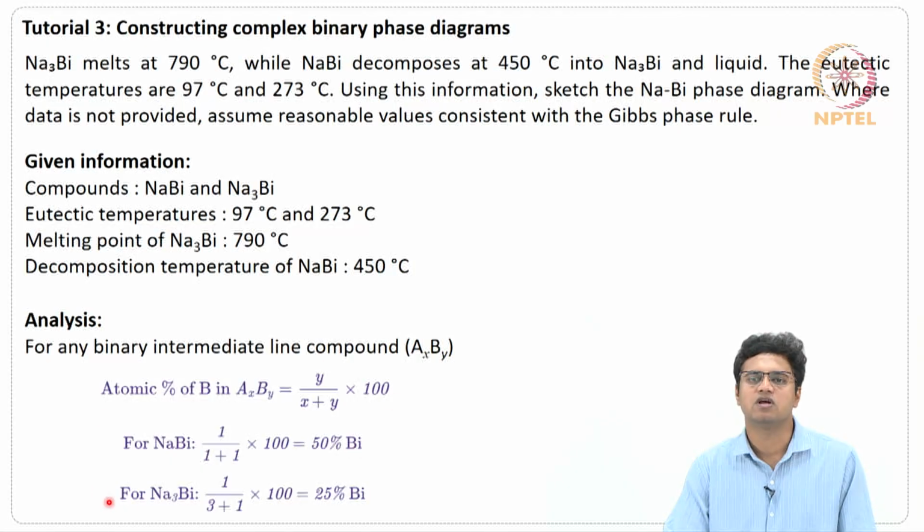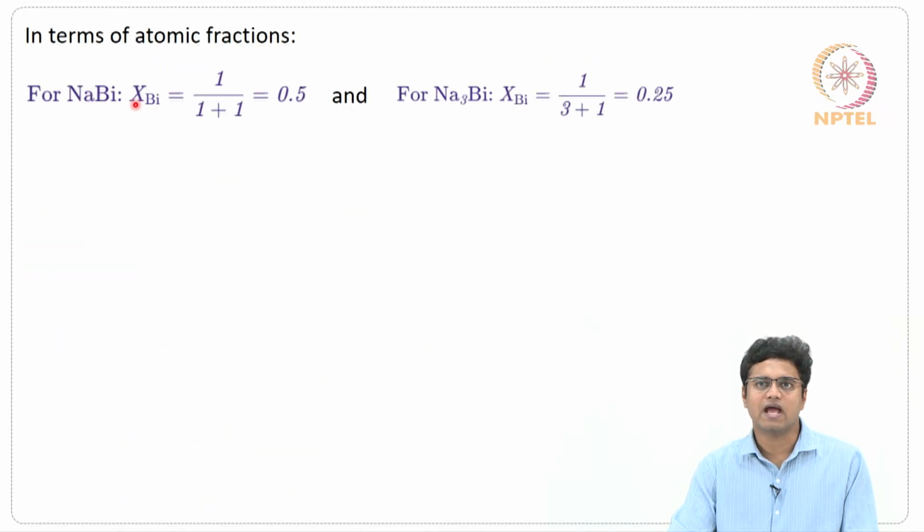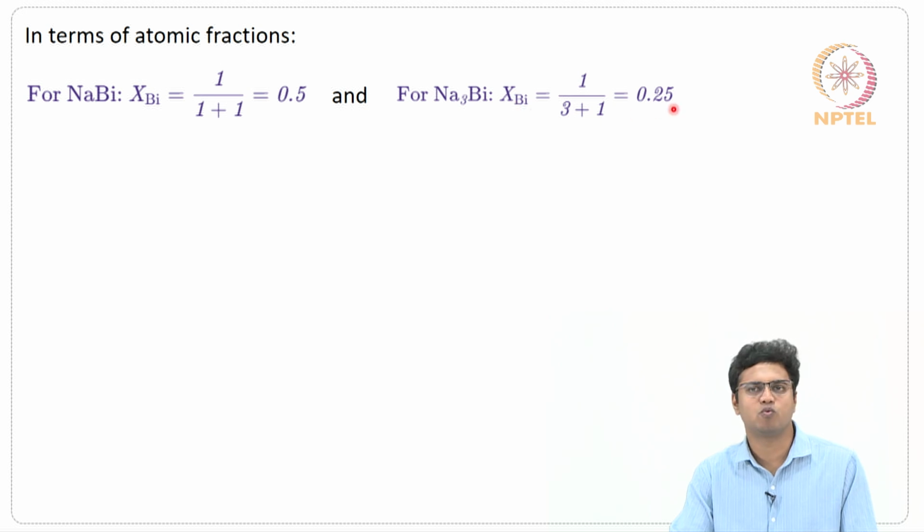The simple equation gives the percentage of the constituents, here Na and Bi. For NaBi, divided by 100 you will get 0.5, and for Na3Bi, the fraction of Bi is 1/4, that is 25%.